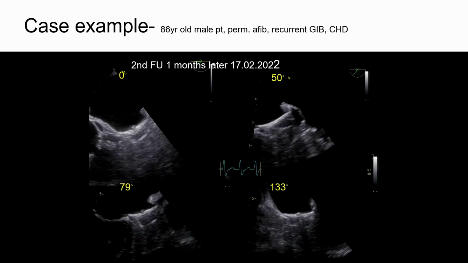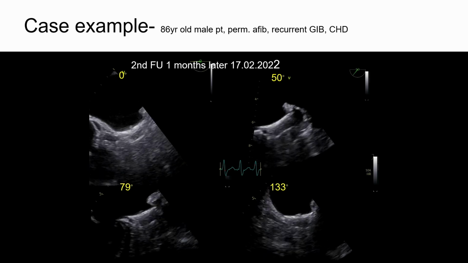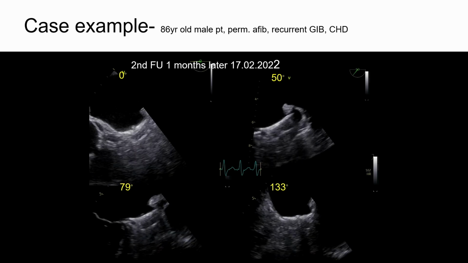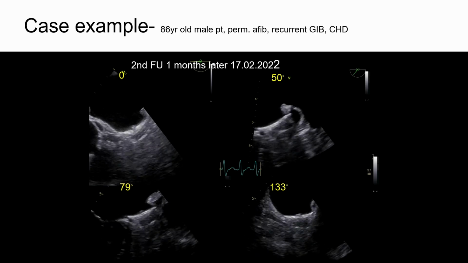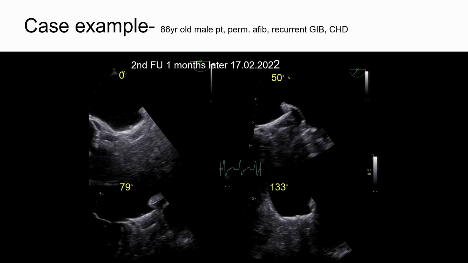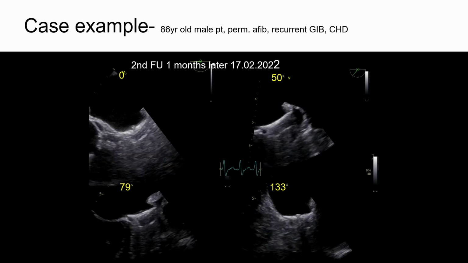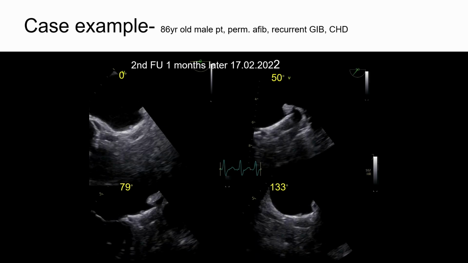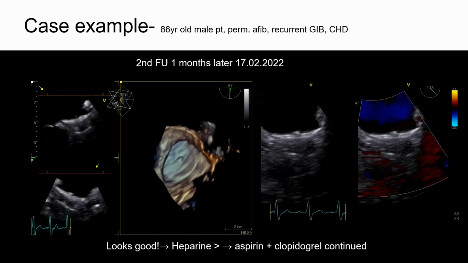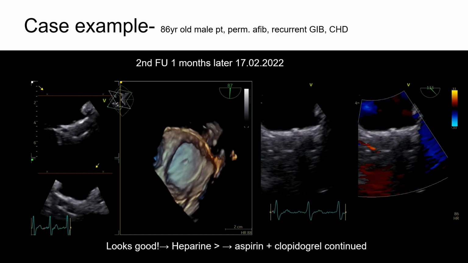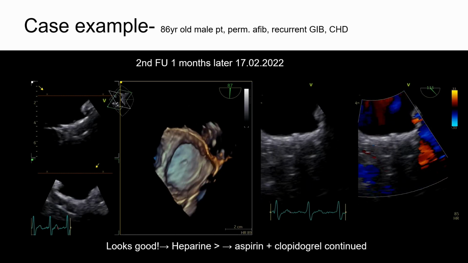Okay, the patient got heparin, and this is the next follow-up 1 month later. If you just look at the device, I thought, well, this looks pretty nice. We don't have anything which is protruding and sitting on the device in several perspectives and views. So we decided to stop heparin and go on further with aspirin and clopidogrel, which was continued.